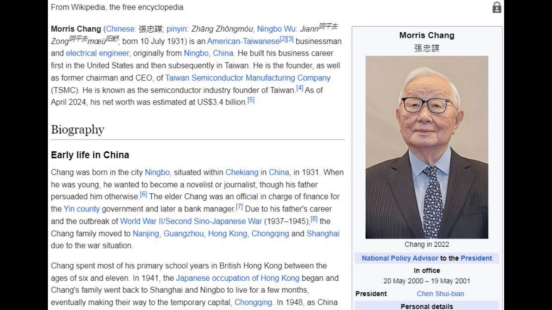So that's the foundry-fabless split that occurred around the early to mid 80s, and a prime example of that is the founding of TSMC in Taiwan by Morris Chang, who used to work at Texas Instruments, which is an integrated device manufacturer.